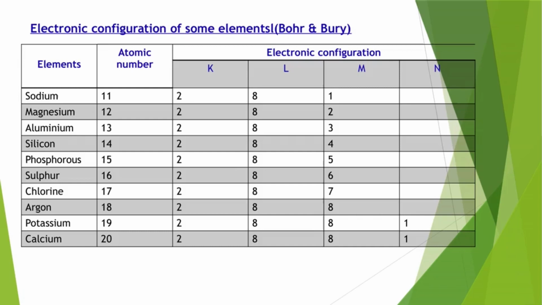For the next element, potassium, atomic number 19, we could enter 1 electron in M making it 9, but it is not so, because it is the last shell in which we are entering. So that one electron goes to the N shell. Like that, calcium's electronic configuration is 2 8 8 1.